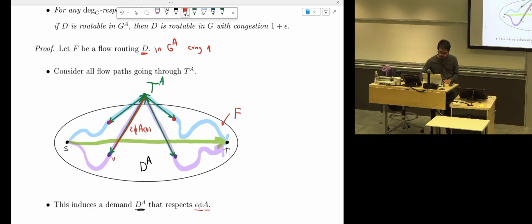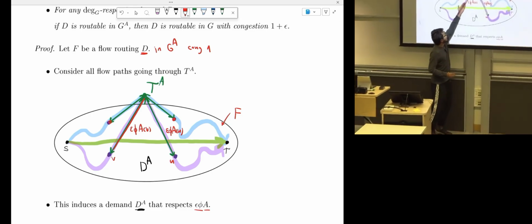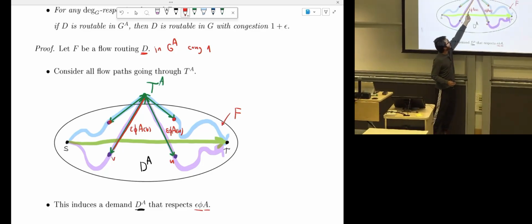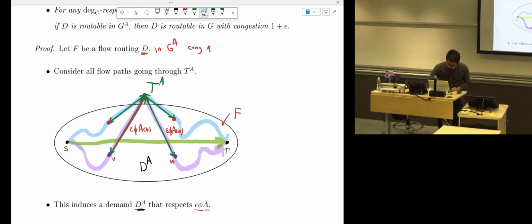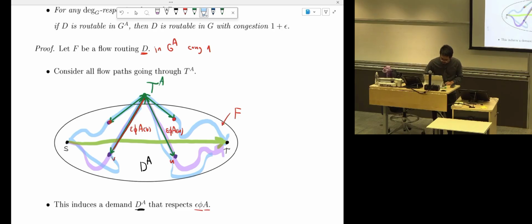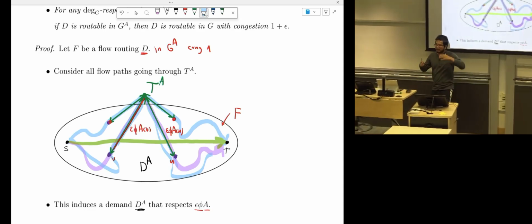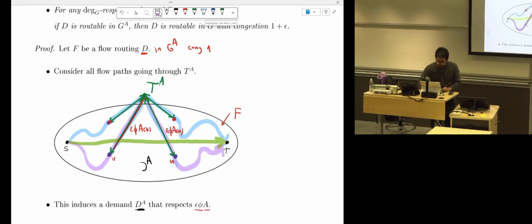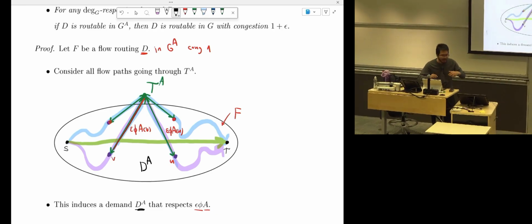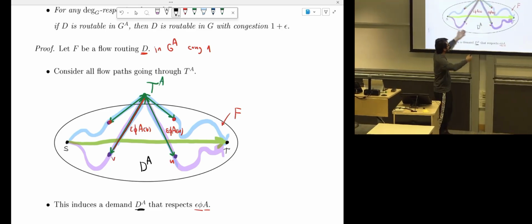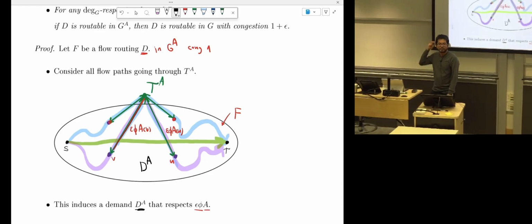If this is V, this is A of V. If this is U, this is epsilon phi A of U. So the total flow that goes through the star edges respects epsilon phi A. For every star edge that you go through, it respects epsilon phi A. There can be another flow path too, maybe another flow path here that uses this edge again, but in total it uses at most epsilon phi A. So when you look at the flow paths that go through the star, they will induce a demand that respects epsilon phi A. Make sense?